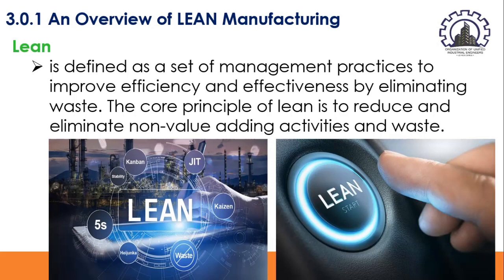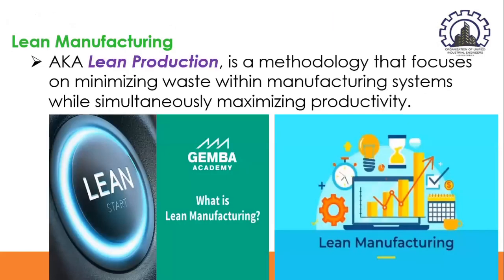And on the other hand, if we say lean manufacturing, it is also popularly known as lean production. Lean manufacturing or lean production is a methodology that focuses on minimizing waste within manufacturing systems while simultaneously maximizing productivity. In other words, it is a system of techniques and activities for running a manufacturing or service operation.